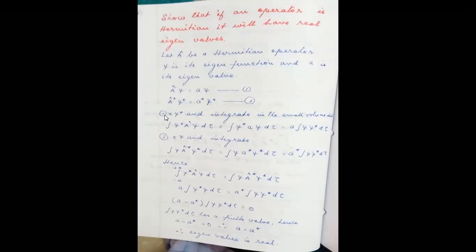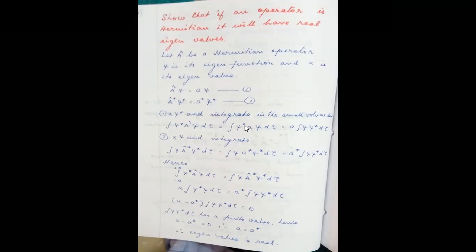Now I am going to multiply the first equation by psi star. Integral psi star A operator psi d tau is equal to, look here, integral psi star A psi d tau.